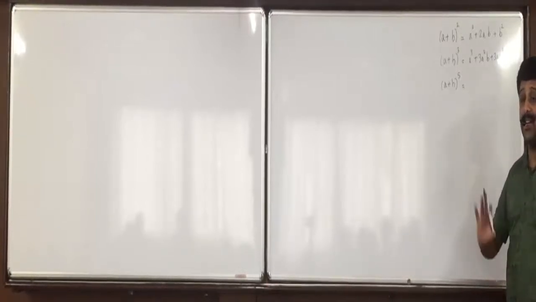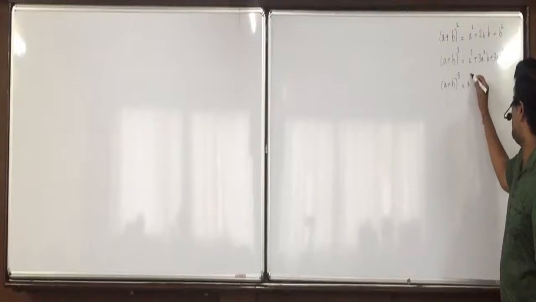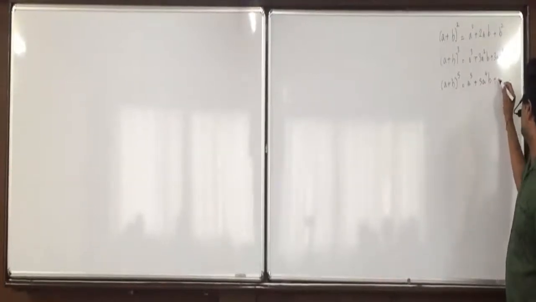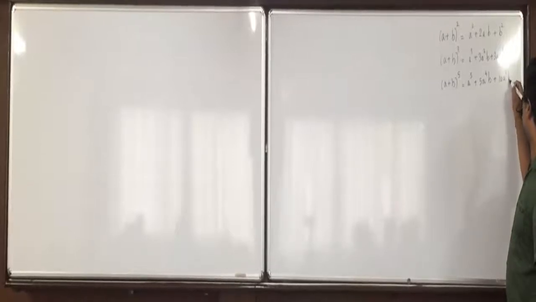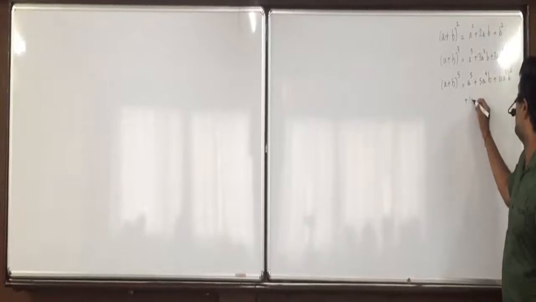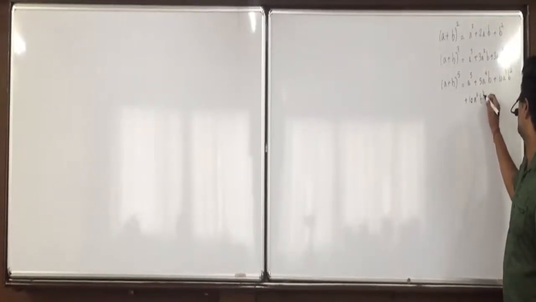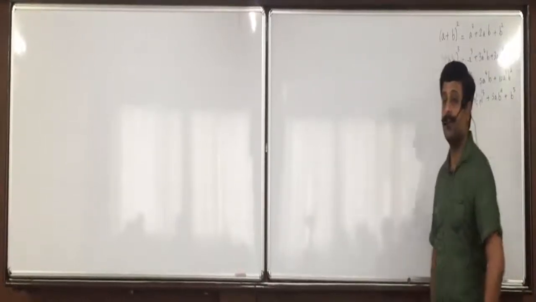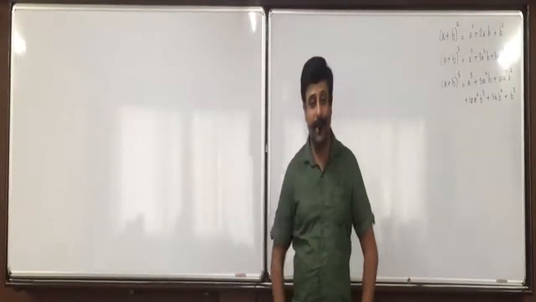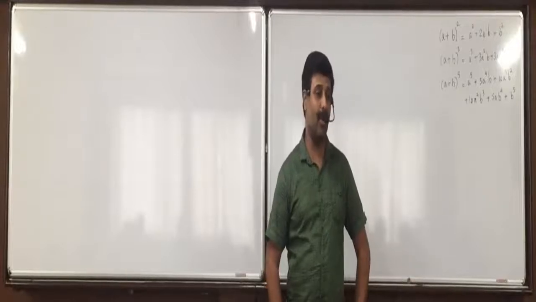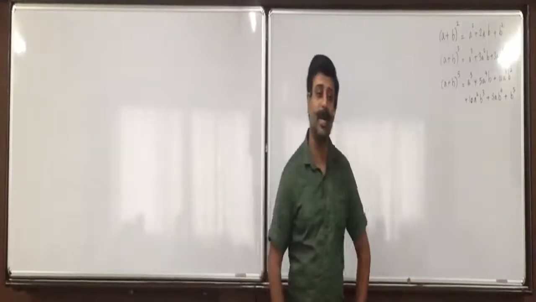A plus b raised to 5 will be a raised to 5 plus 5a raised to 4 b plus 10a cube b square plus 10a square b cube plus 5ab raised to 4 plus b raised to 5. And you can ask me a plus b raised to 7 or 8 or 9 or 10 also. That also I can answer.